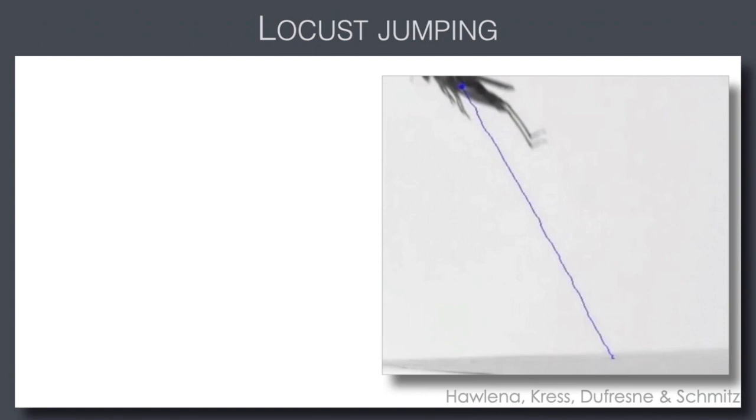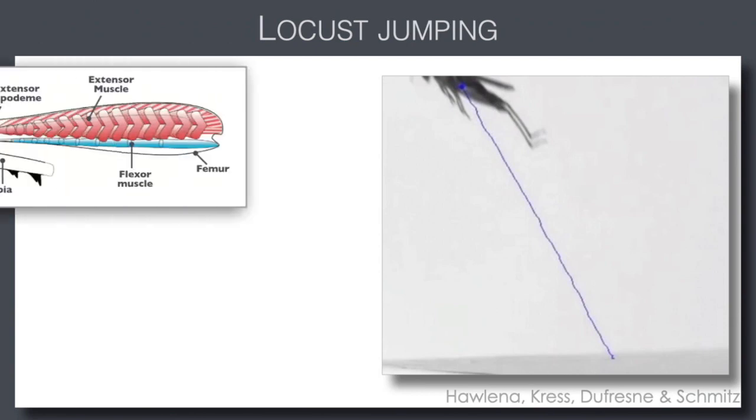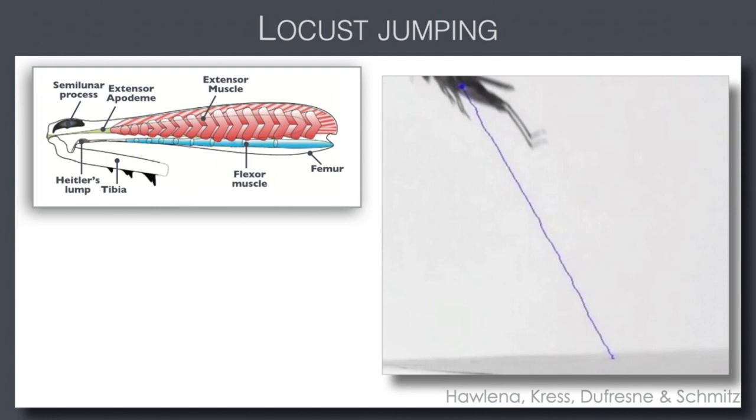We're constantly storing and releasing elastic energy as we run, and it greatly enhances our fuel economy. If we didn't have that mechanism of elastic energy storage, it would be much more energetically expensive for us to run. So the locust story relates to this issue of mechanical advantage.